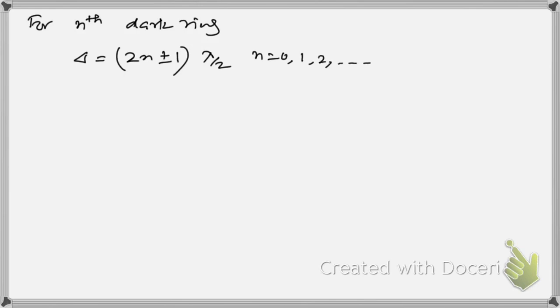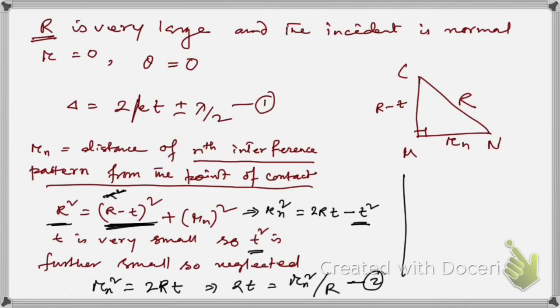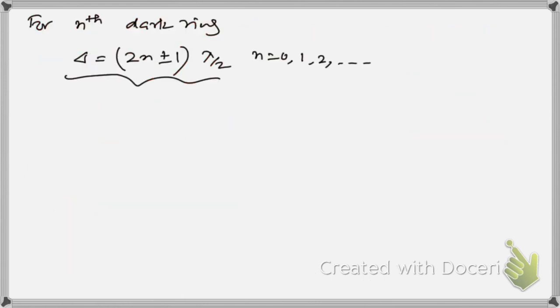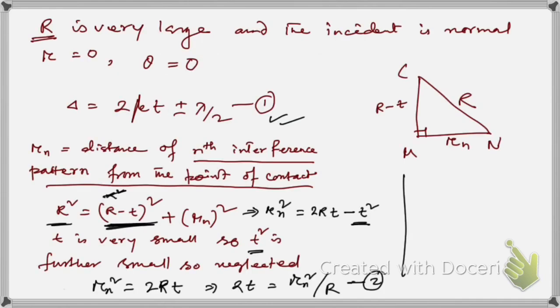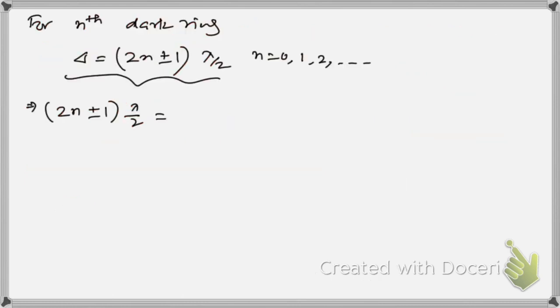So now you see, what you can write, if you compare this with this equation number 1, then you will get twice n plus minus 1 lambda by 2, that's going to be equal to this 2 mu t plus minus lambda by 2. So using equation number 1.